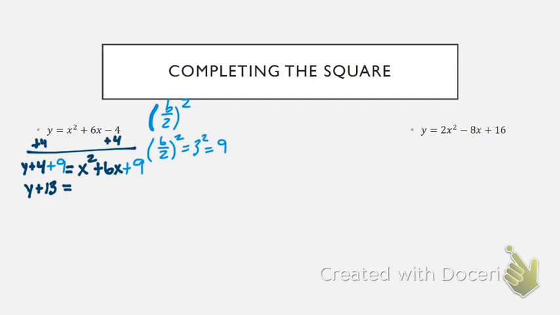Let me just factor it the long way. We need factors of 9 that add to 6, because a times c is 9. So I'm going to choose 3 and 3. I'll show you a shortcut in the second problem. So y plus 13, I'm factoring the right side, and I'll write this out step by step.